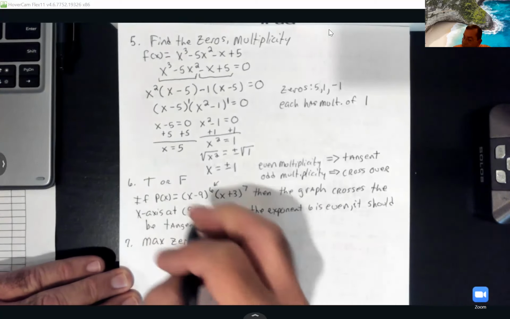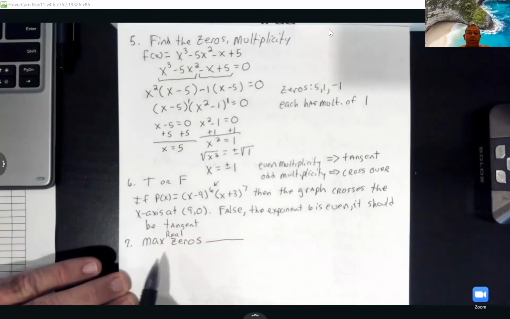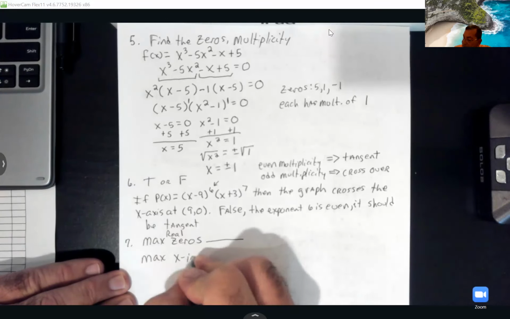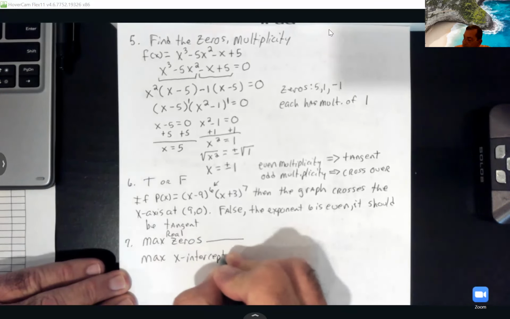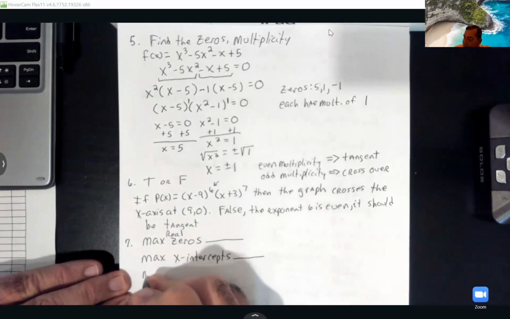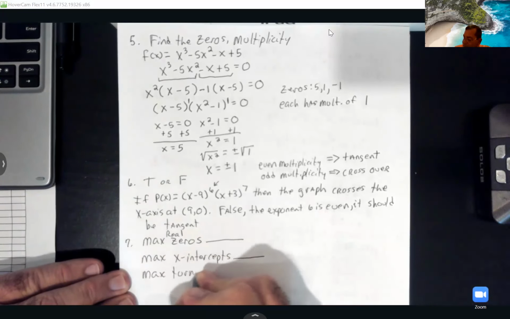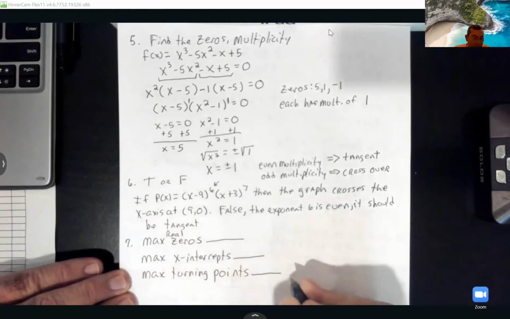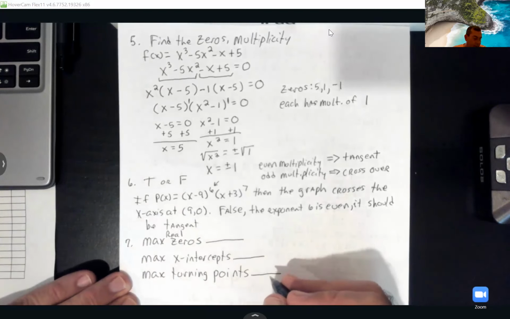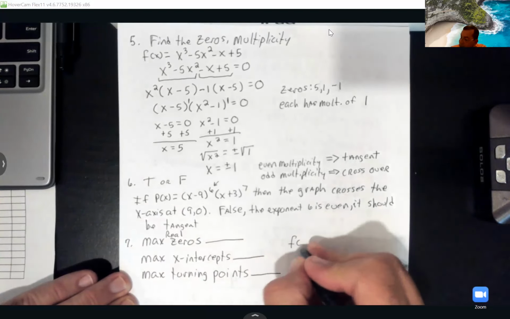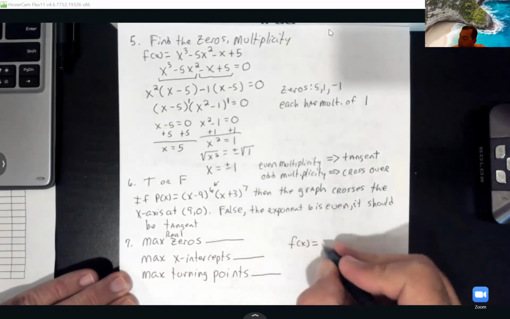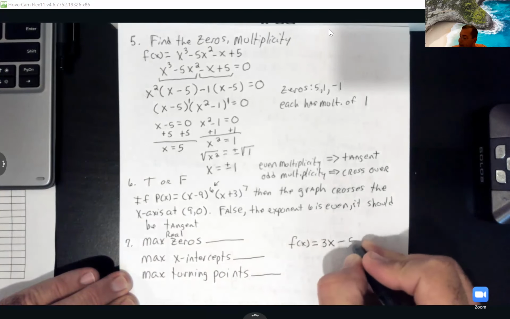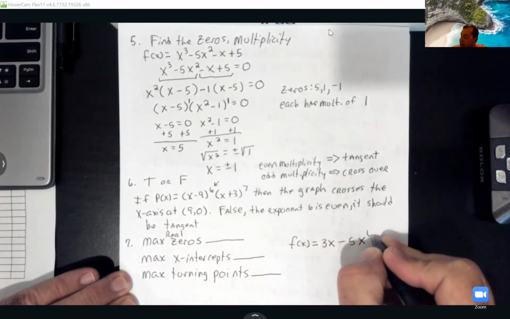Then these are real zeros, so we want the maximum real zeros, maximum x-intercepts, and then the maximum turning points. All right, y'all are giving me f of x equals 3x minus 5x to the 6th.